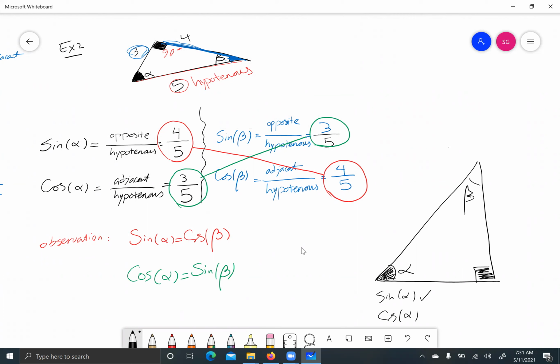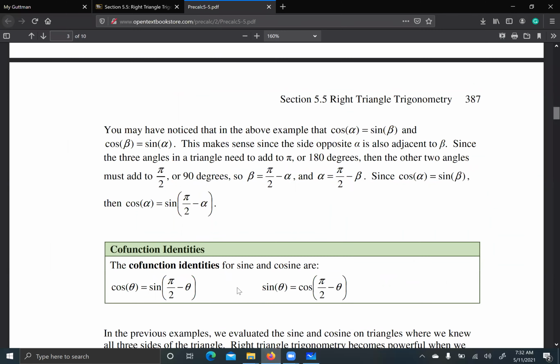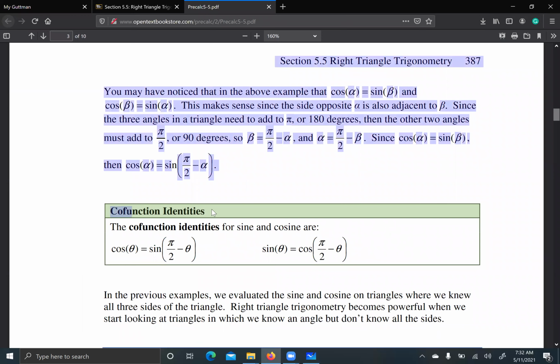You can derive sine of beta and cosine of beta. You just need to switch them. Whatever is sine of alpha is going to be the cosine of beta. So you just switch these values. That's the relationship between these two, which is called cofunction identities.